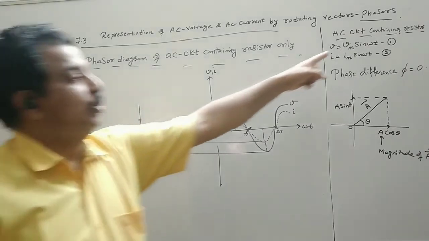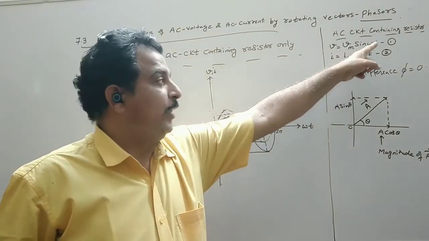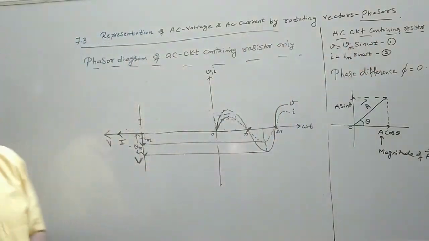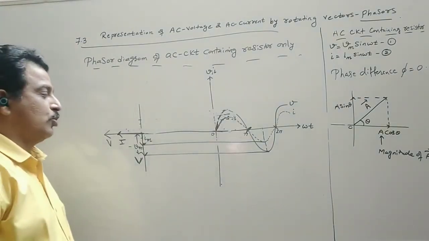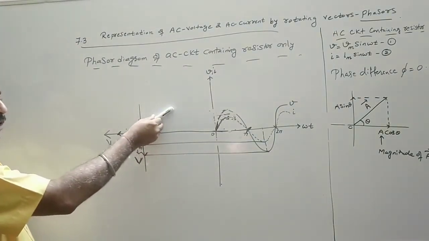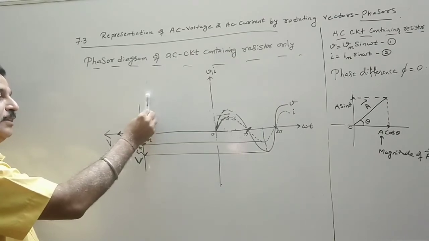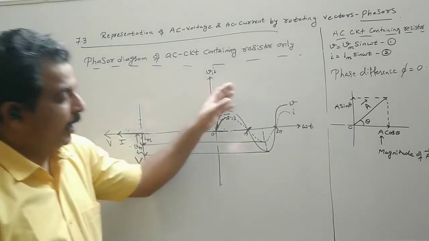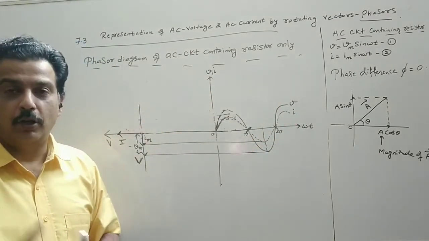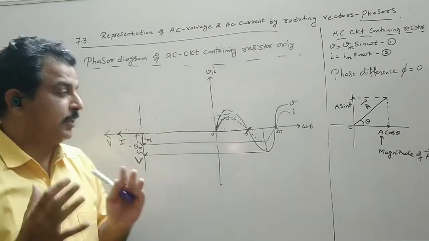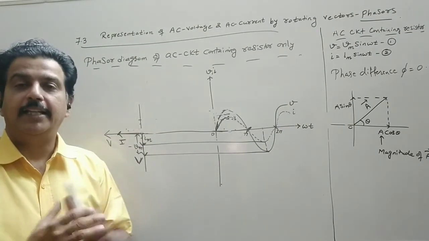Else you substitute 270, sine 270, that will be the -1 value. So this is how the phasor is drawn, and as this vector rotates, or now we will not say vector, we call it a phasor, as this phasor rotates, they draw a sinusoidal or a sine graph.